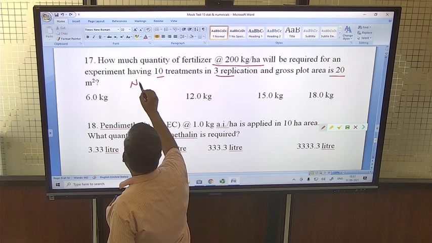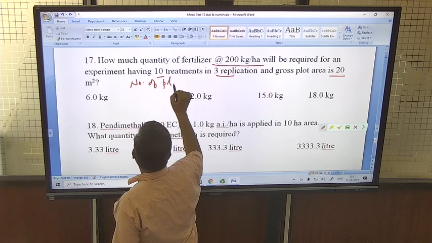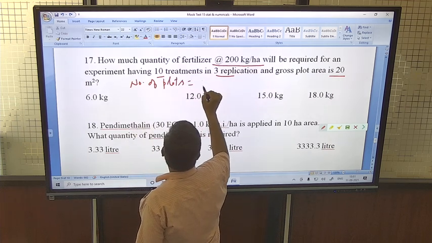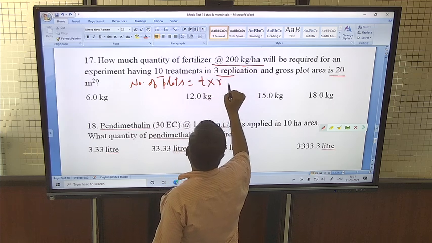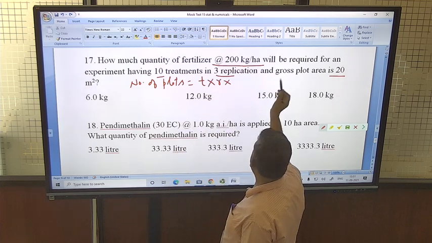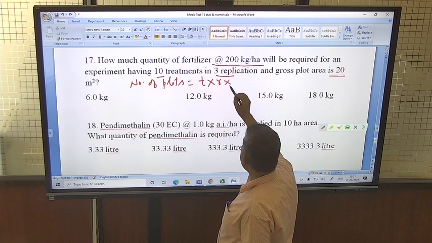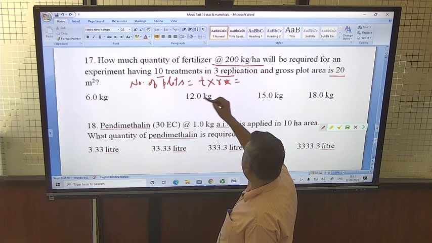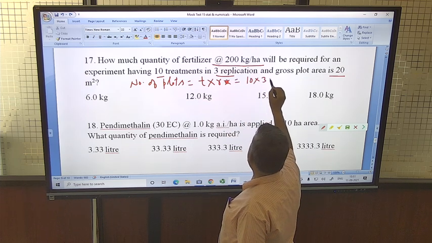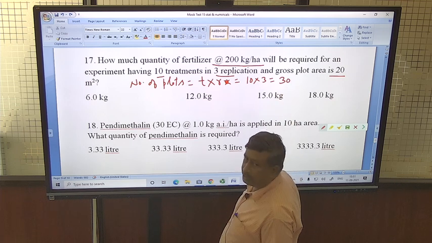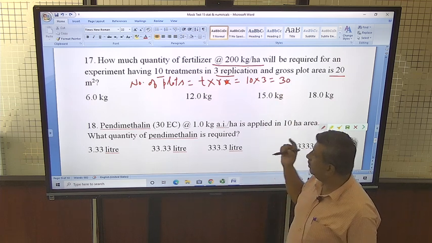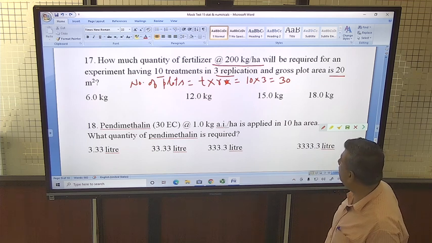The number of plots is equal to the number of treatments multiplied by the number of replications. 10 into 3, that is 30. So 30 plots are required to conduct such an experiment.